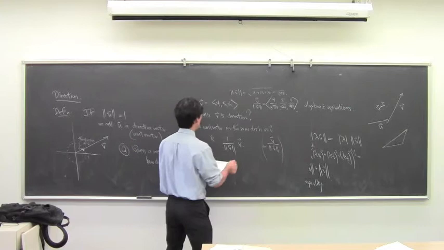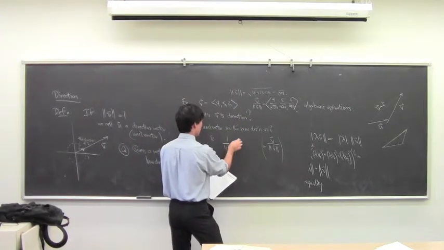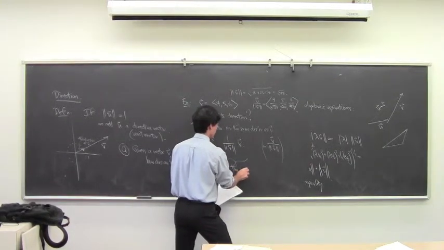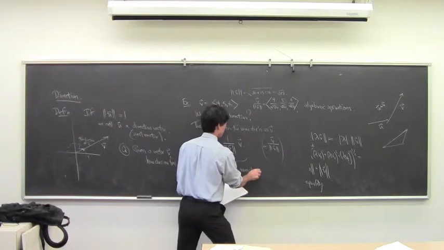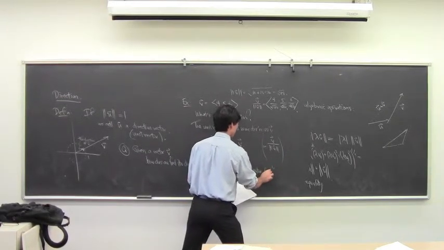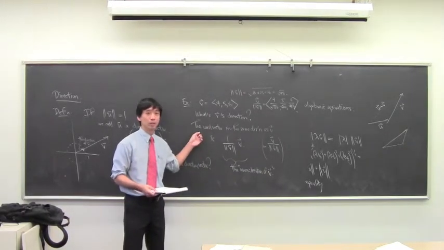So this is also called the normalization of v. Magnitude is often called norm.